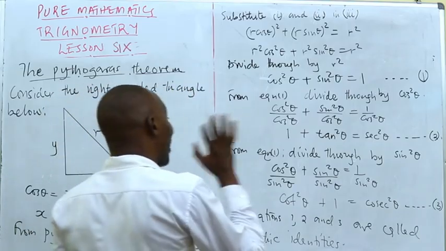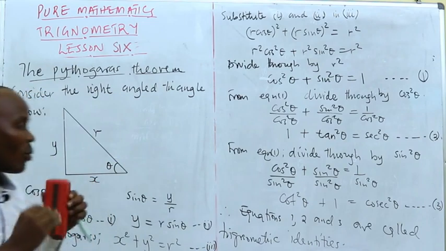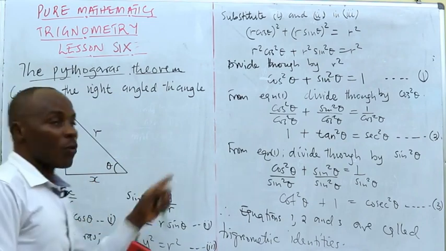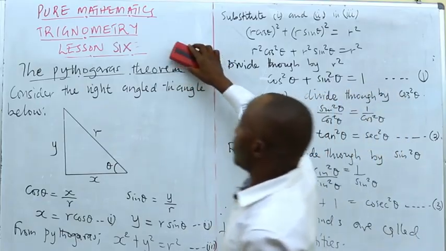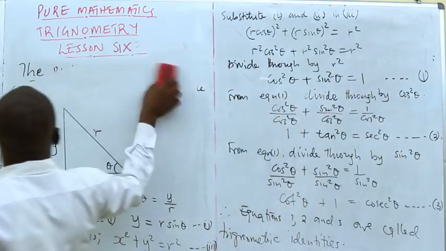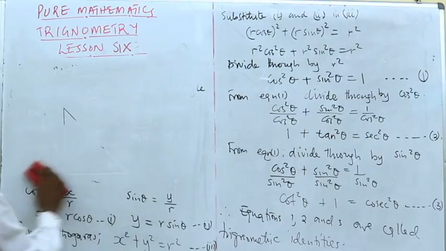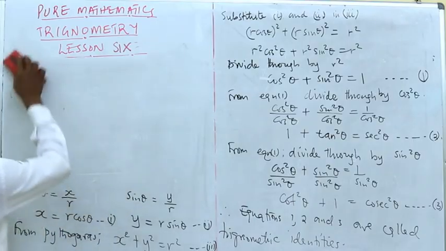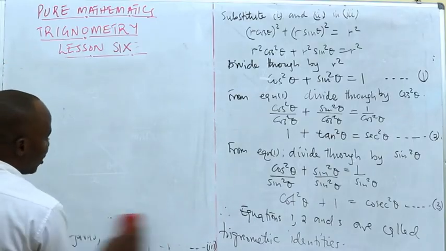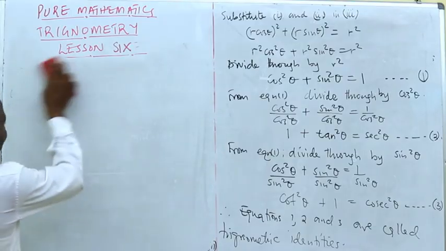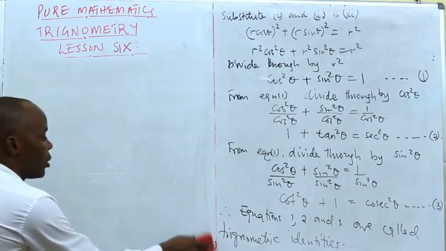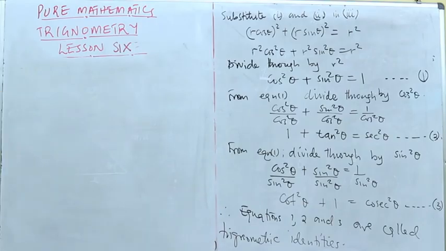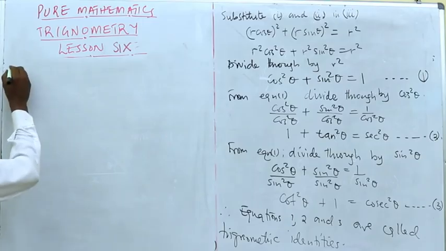Please, they are very important. We are now beginning the core of the calculus we are talking about of this trigonometry. Those equations 1, 2, and 3, that is cos squared theta plus sine squared theta is equal to 1, they are called trigonometric identities.